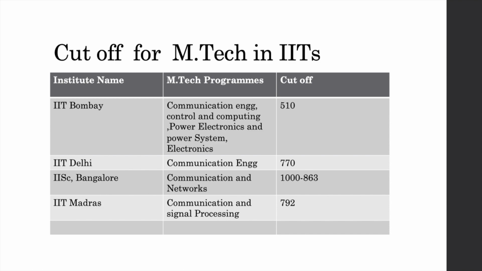Every detail of the application, and of how they are going to take admissions, is given in that particular year's notification, so you have to go through it. This particular slide is just giving you an idea that 700 to 800 is somewhat a good score for getting admission in good institutes for MTech.